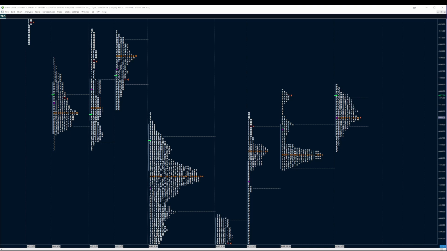So like in this instance, price is at 44.64.25, and that's it. That's all you really can know about it, without any clue whether it's above value, below value, at value, comparative to the rest of the other days.